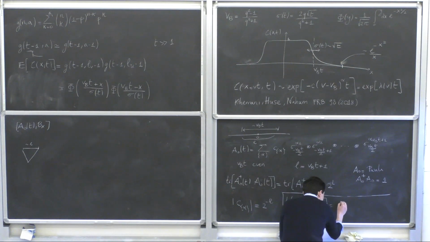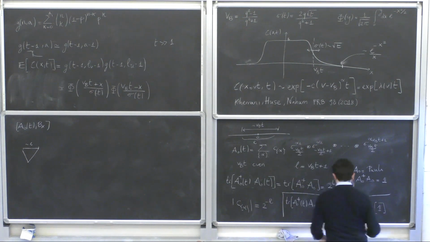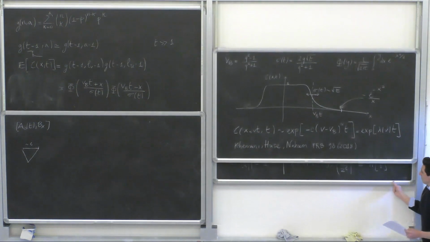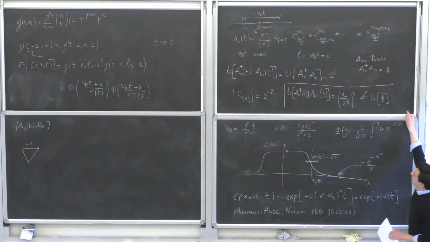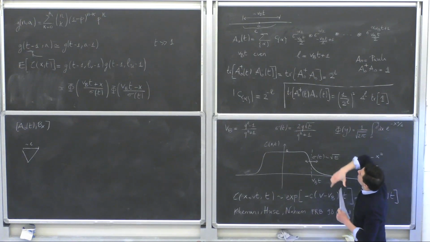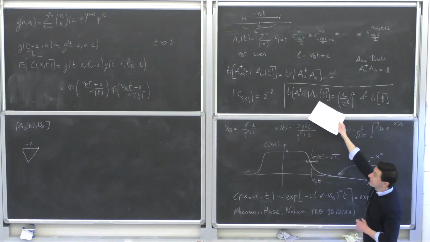So here I'm assuming that A has the form on the top, and then I'm evaluating this.